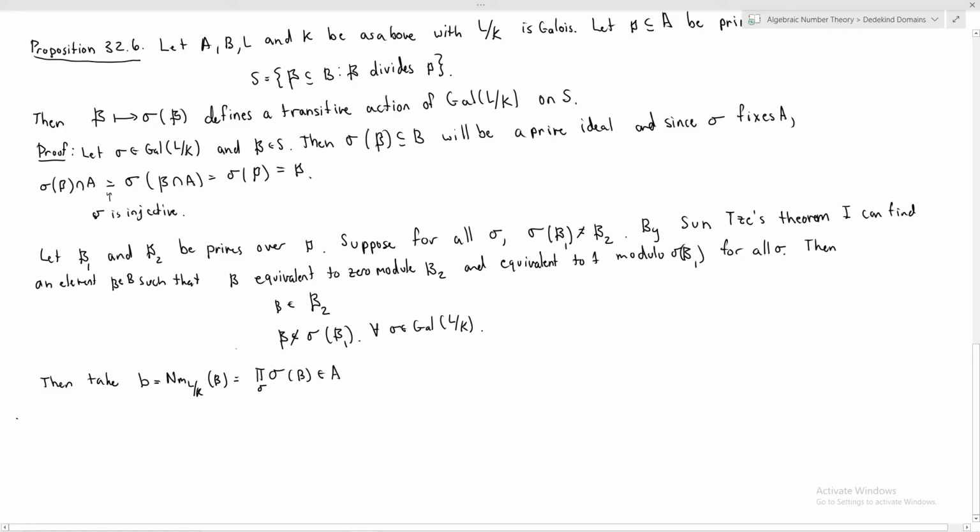This is going to lie in A because it's a norm of an element in B, but also it's going to lie in the prime ideal B2, because beta lies in B2 and this thing's an ideal. And since B2 lies over little p, this is going to be in p.